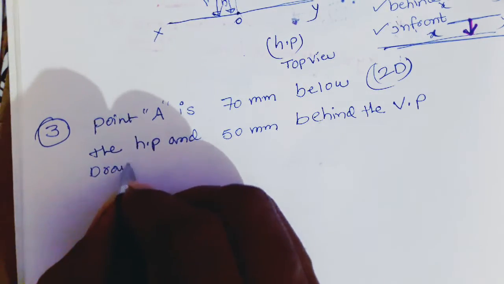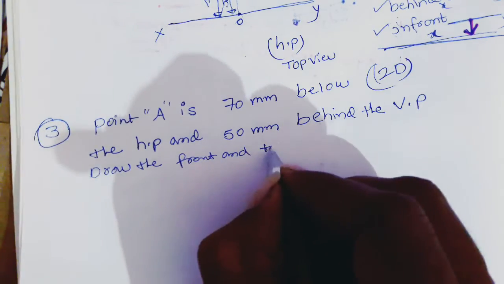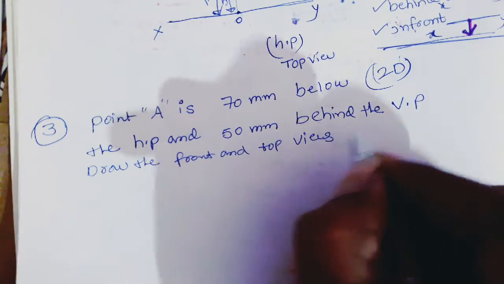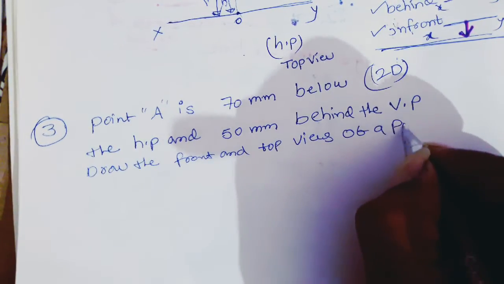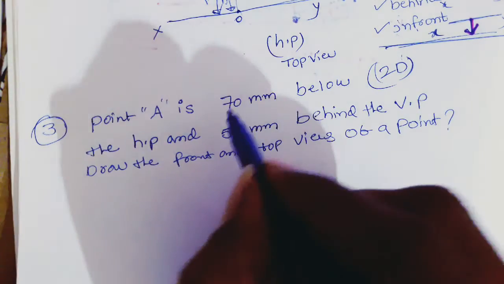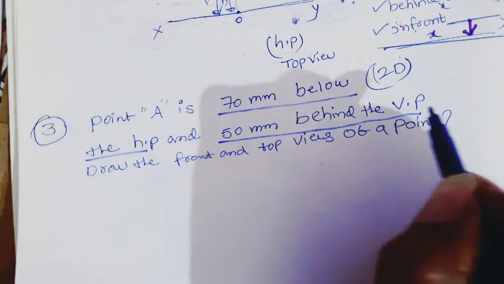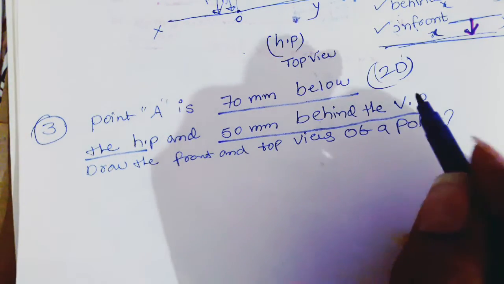Draw the front and top views of the point. See here, 70 mm below the HP and 50 mm behind the VP. Then what is the condition?